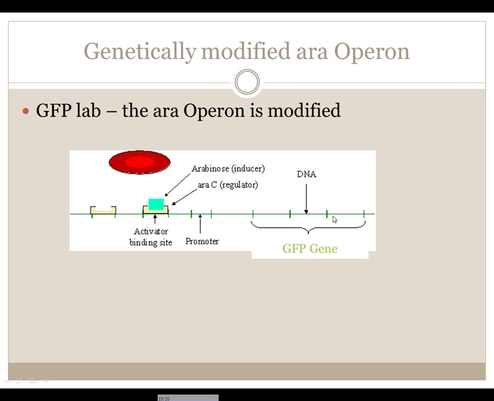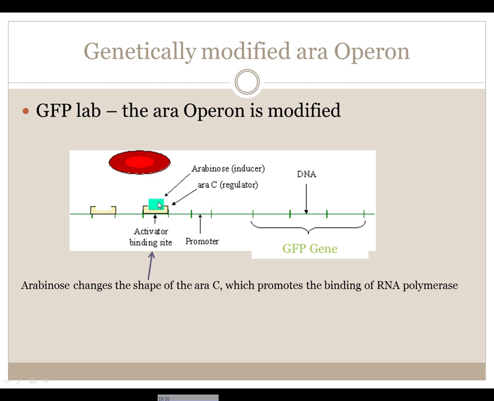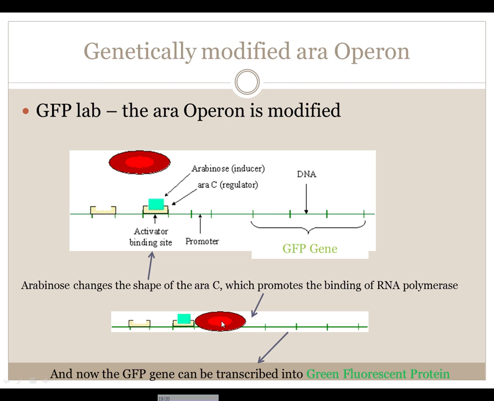So now, with the GFP gene, in other words, we're not going to make the green fluorescent protein unless the arabinose is present. If the arabinose is present, that would change the shape of the RSC right here, which promotes the binding of the RNA polymerase, and we would make our green fluorescent protein.